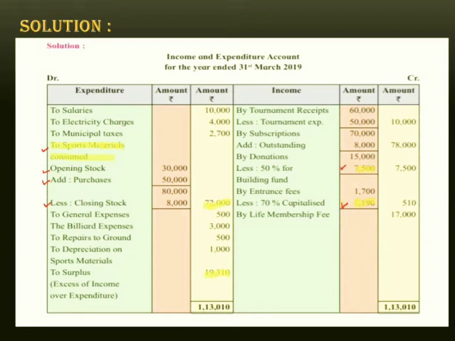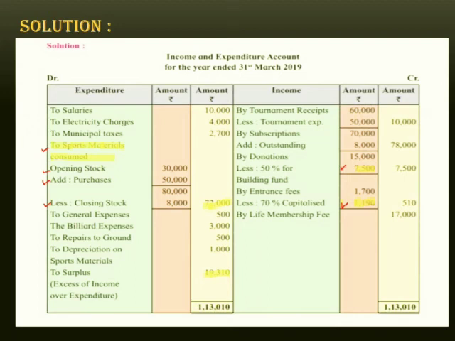It is repaid. So there is no question of writing anywhere. Is that clear? Second is the salaries, electricity charges and the municipal taxes. There is no adjustment related to these three items. What we will do? We will write it under the expenditure. To salaries 10,000, to electricity charges 4,000, to municipal taxes 2,700.